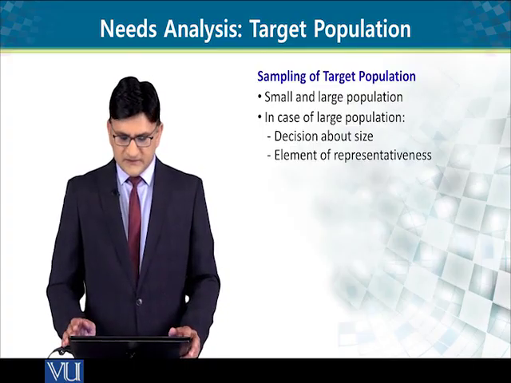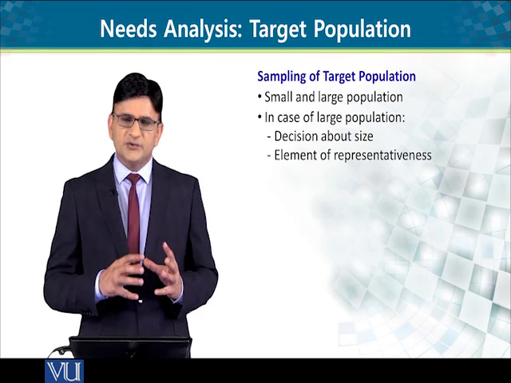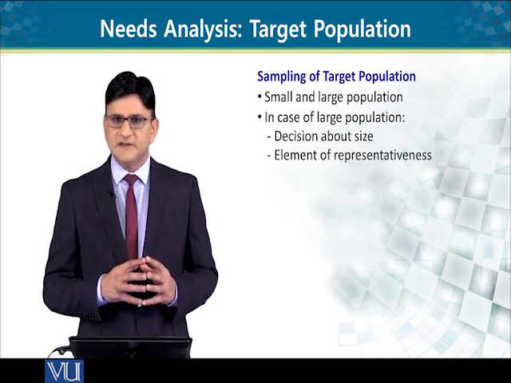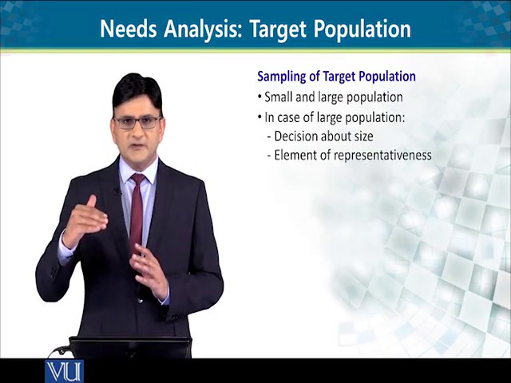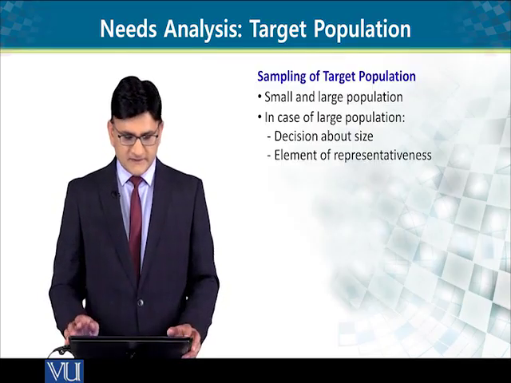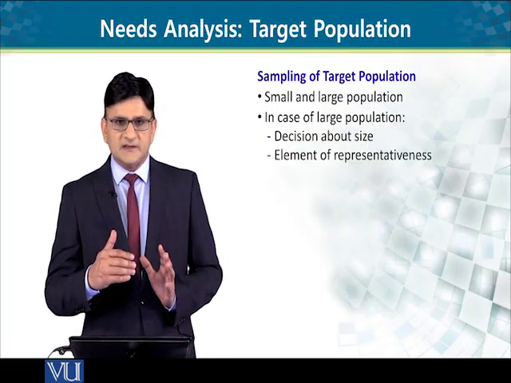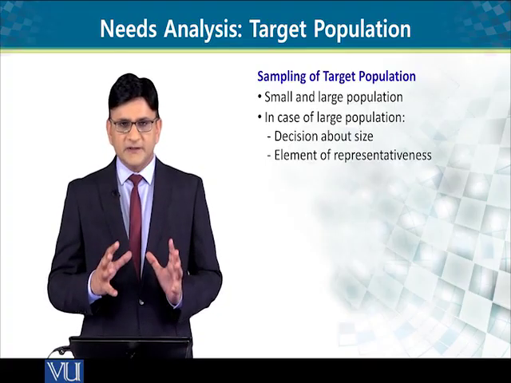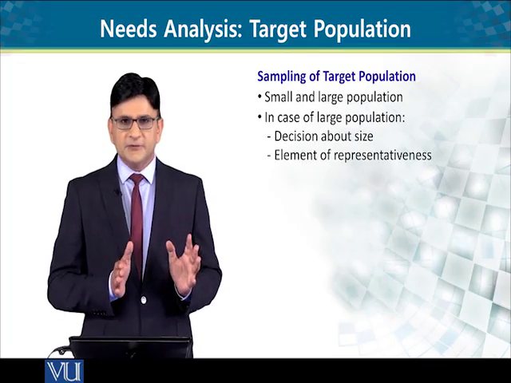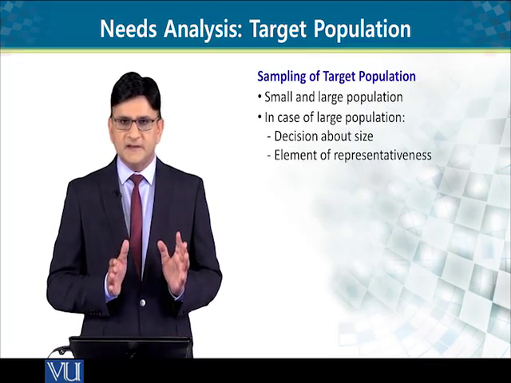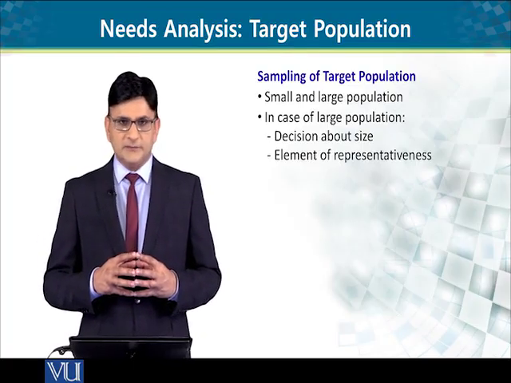And in the case of a large population, we need to make some important decisions about the size of the sample, how big the sample is going to be, for example, right? Okay, and in order to decide the element of sampling, we need to make sure whether the sample is big enough to be representative, right? The element of representativeness is very important here.